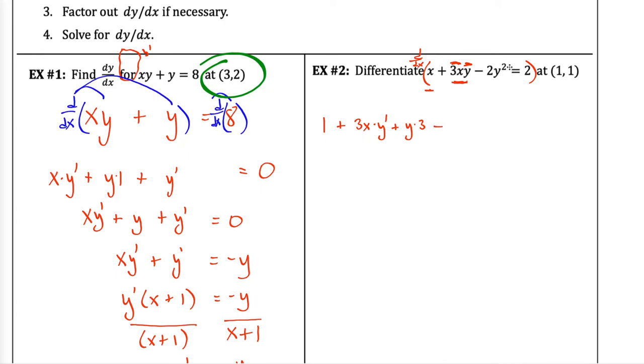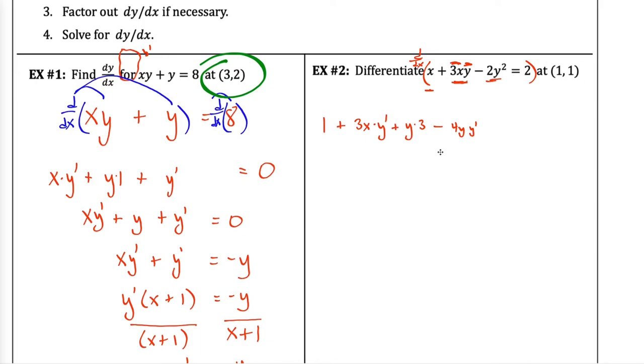Now I'm going to go on to the third term, which is 2y squared. Anybody think they know the derivative of that one? Yeah. How come? Because of the chain rule.